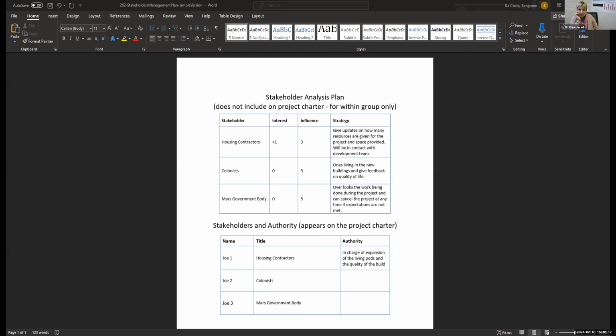Ones living in the new building and give feedback on quality of life. Also, you're focusing on new construction, so if they leave, they can give you feedback. It's like kind of user acceptance. Yep, that makes sense. Thanks.